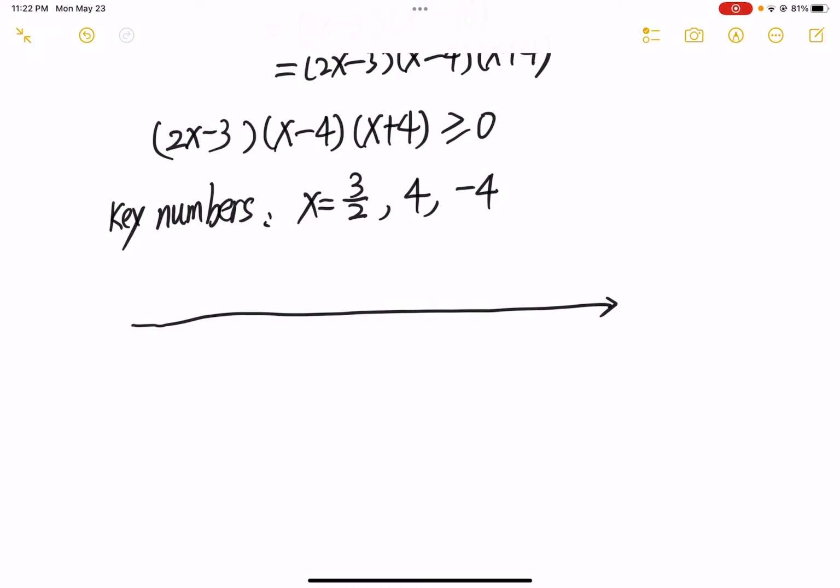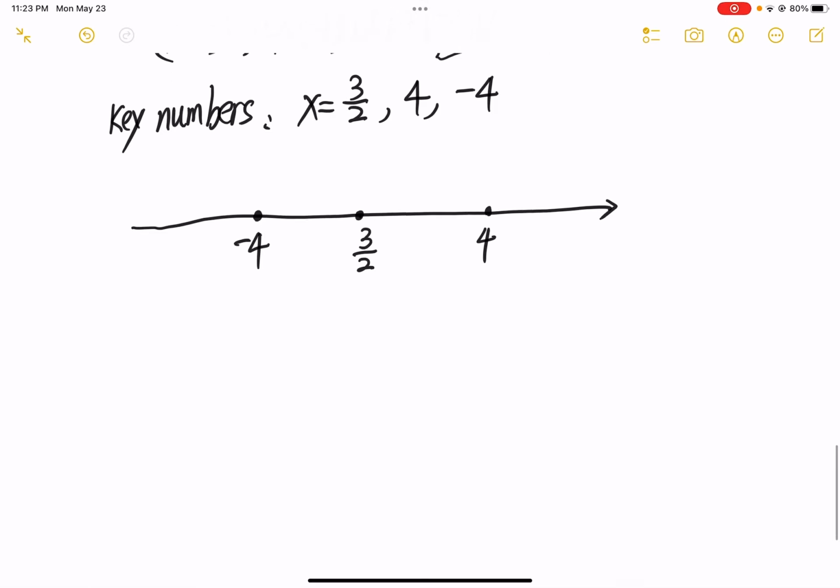This is 3 over 2. Since it contains an equal sign, greater than or equal to, we use a solid point, which means this point is included in the interval. And this is negative 4, and here is 4.